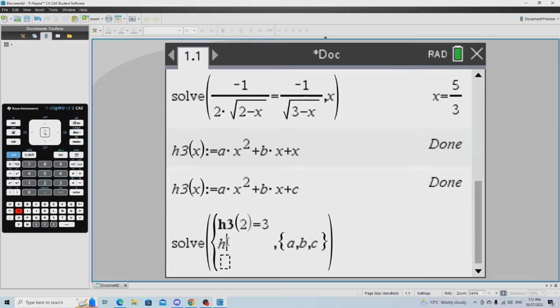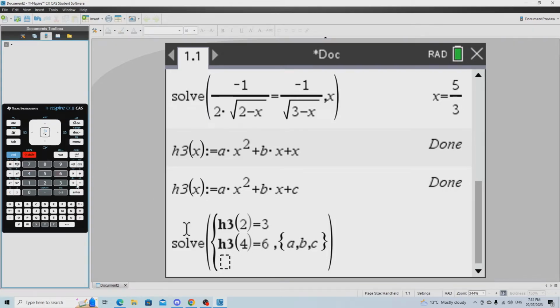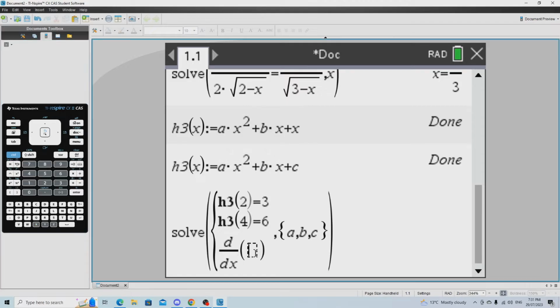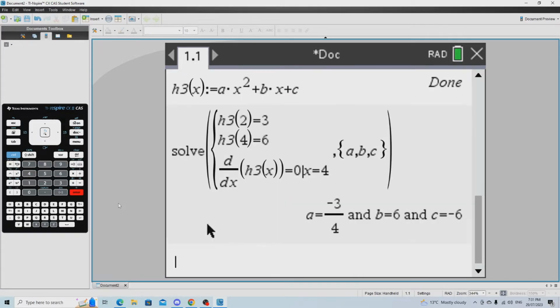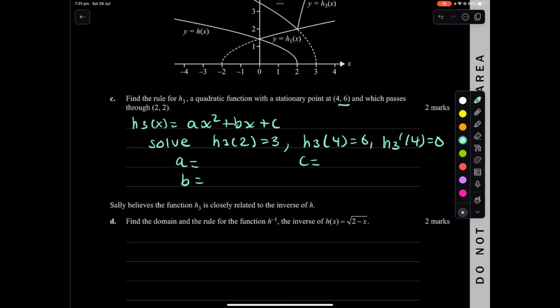We also know that h3 of 4 should equal 6. And the derivative with respect to x of h3 of x must equal 0, given that x is equal to 4. Okay, we get our values: a equals -3/4, b is equal to 6, and c is equal to -6.